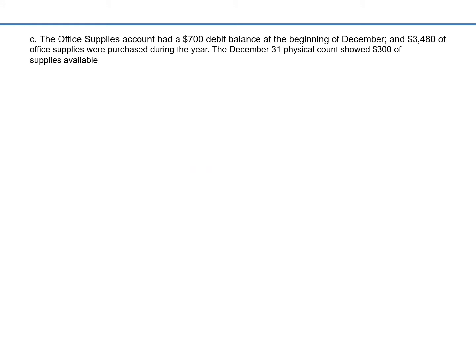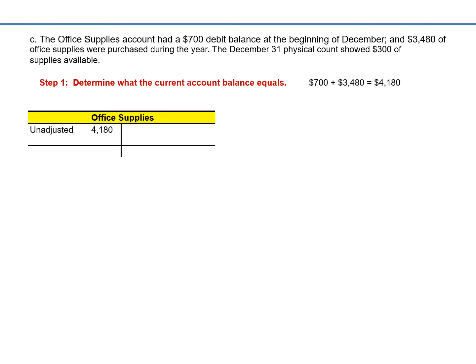All right, in letter C, the office supplies account had a $700 debit balance at the beginning of December and $3,480 worth of office supplies were purchased during the year. And the physical count shows $300 of supplies available. So, what does our account equal? Well, you started with 700, you added $3,480. So it looks like our account equals $4,180, right?